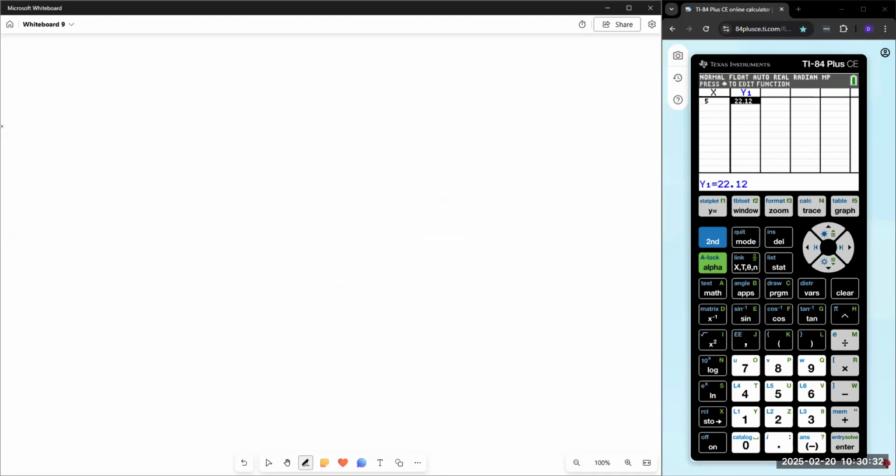So number 9 says that my demand function P equals 90 minus X, and my cost function is 100 plus 30X. So you need to know that revenue is equal to the number of items that you sell times the price that you sell those items at. So that's X times 90 minus X is equal to 90X minus X squared.